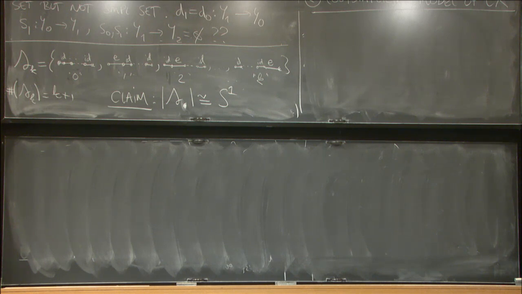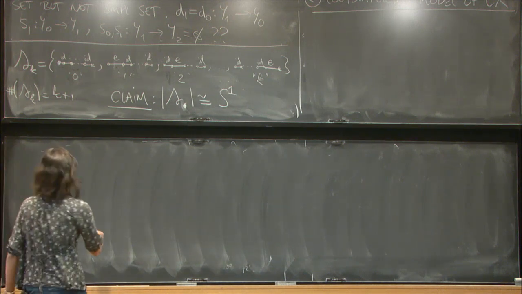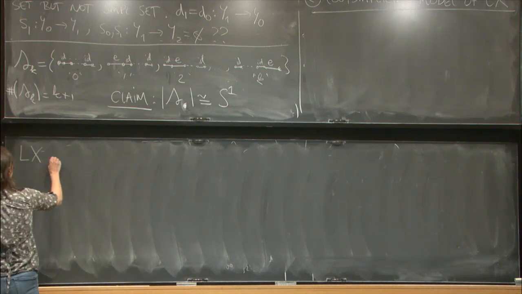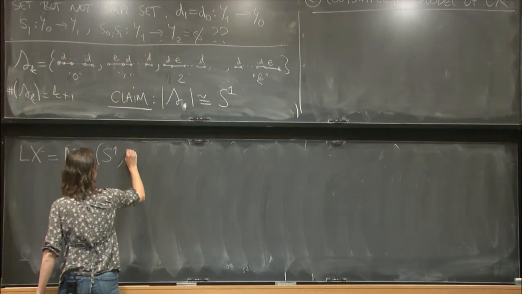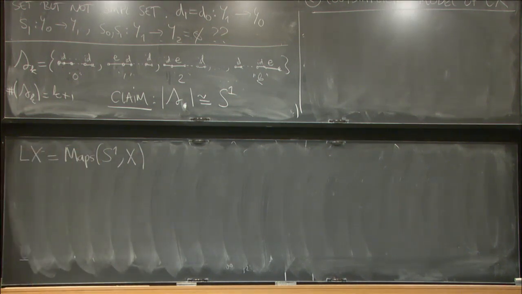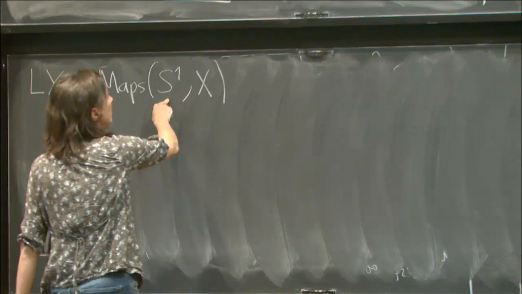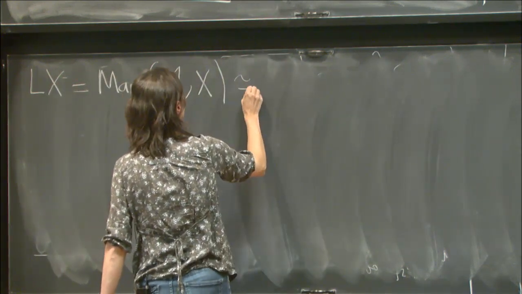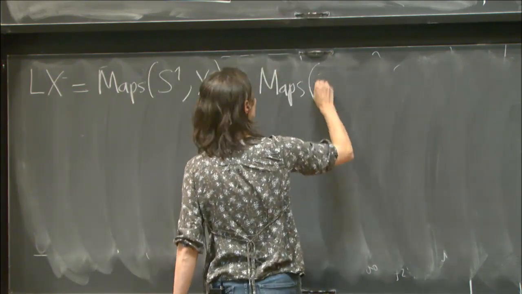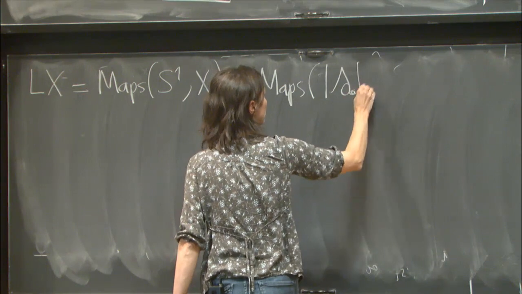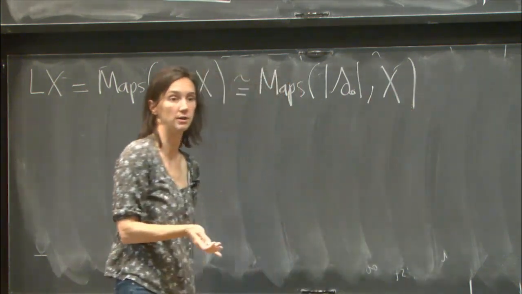More questions? So I'll just say, the simple thing is just to say what was LX, right? LX was the maps from S1 into X. We were looking at all the continuous maps from S1 into X. And I've just said S1, I can write it like this, right? So this is the same, homeomorphic, because it's a homeomorphic model I claim, maps from this guy into X. Okay, I've done nothing.